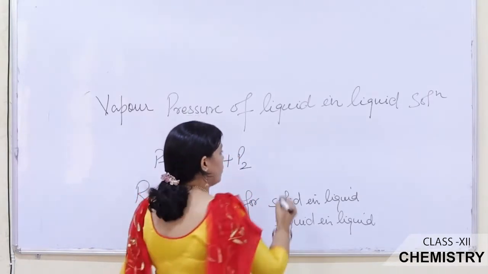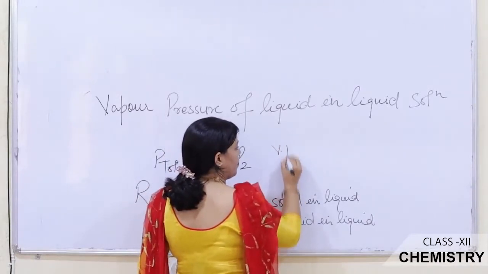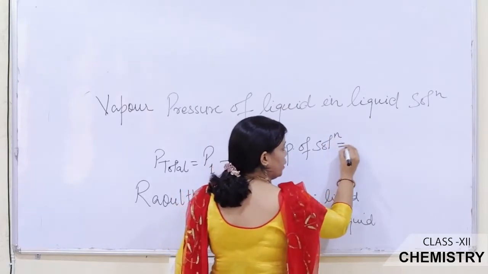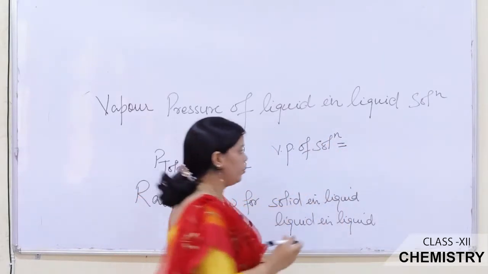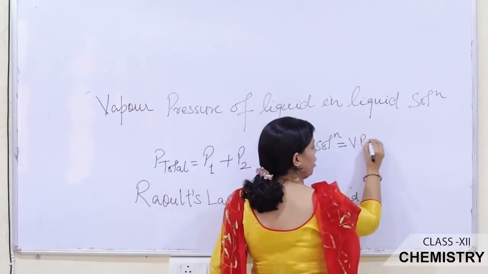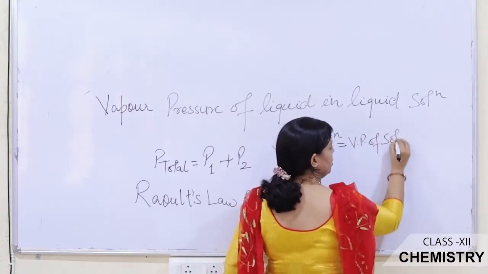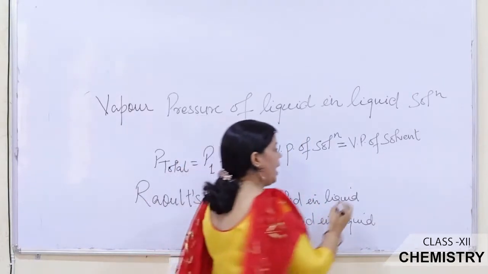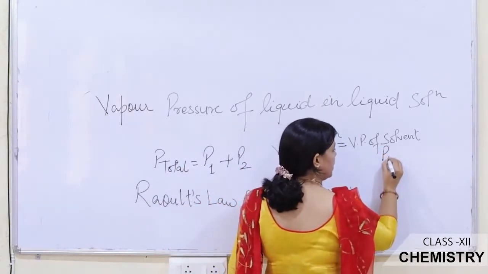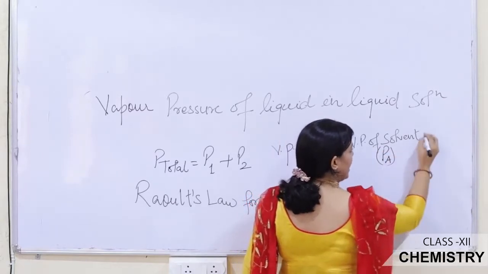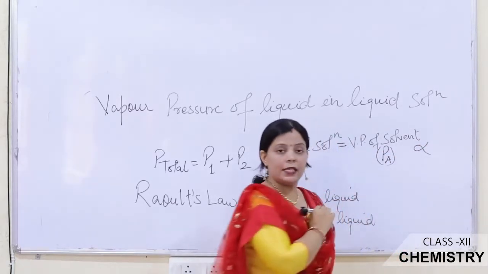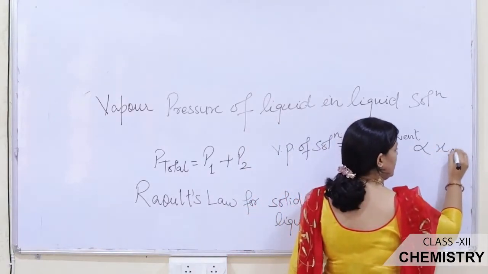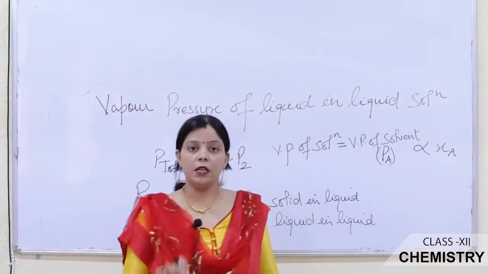It means the vapor pressure of the solution is equal to the vapor pressure of the solvent, because in this case the solute is non-volatile. The vapor pressure of the solvent is represented by Pa, and it is directly proportional to the mole fraction of the solvent present in the solution.